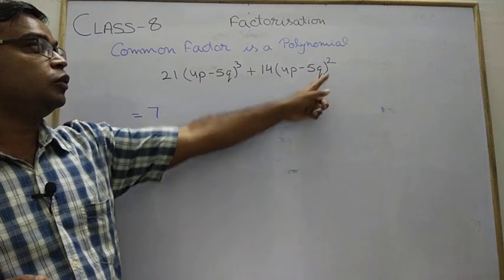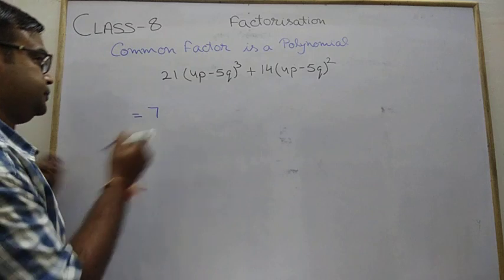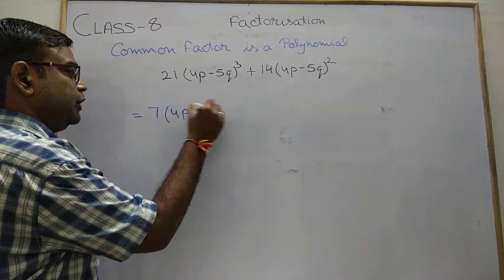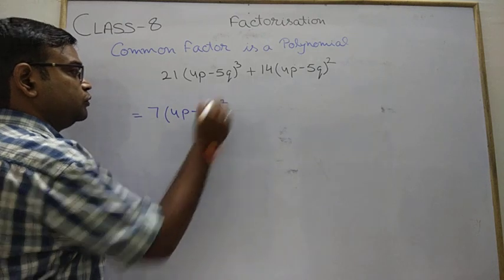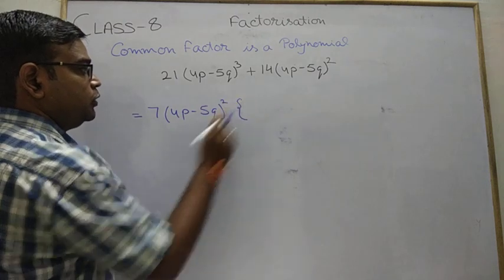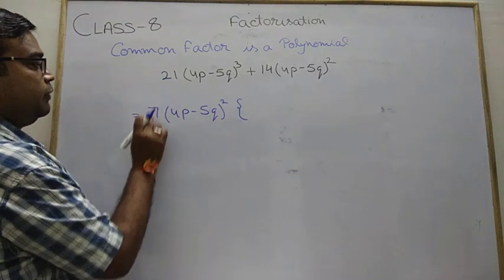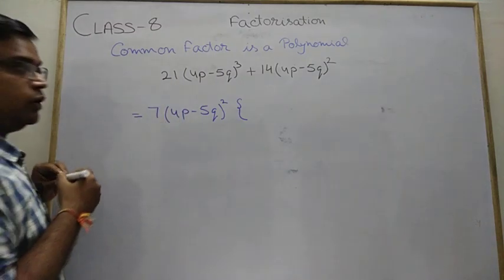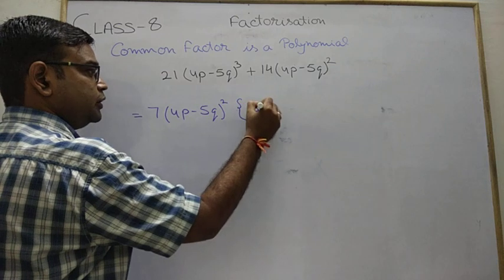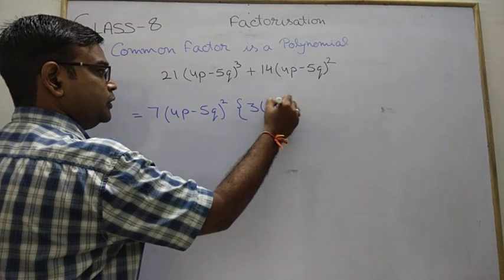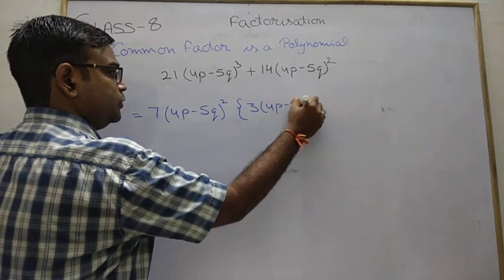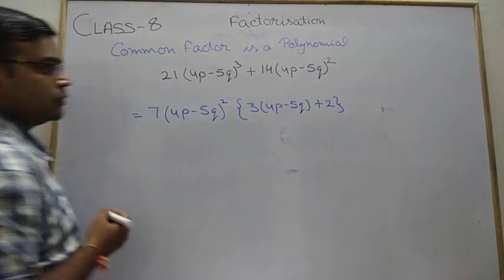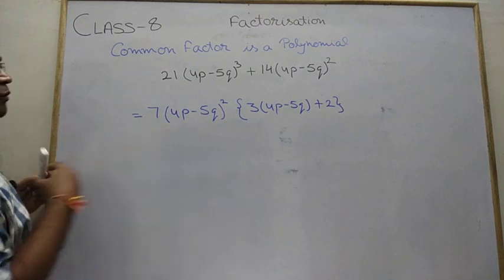So we take the lowest power as common, (4p minus 5q) whole square. Use the middle bracket. Here 7 is common, so what do we have? 7 threes are 21, so there is 3. Here we have 4p minus 5q plus 2 only. Clear? Now we can proceed.